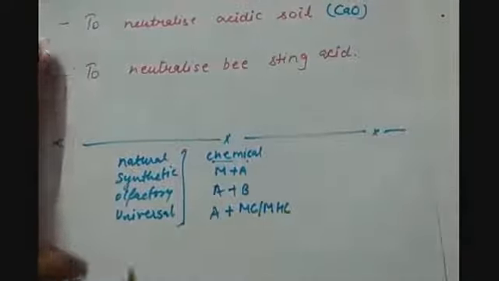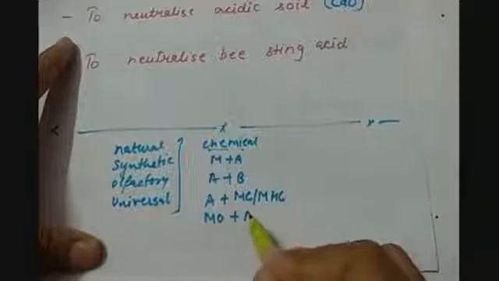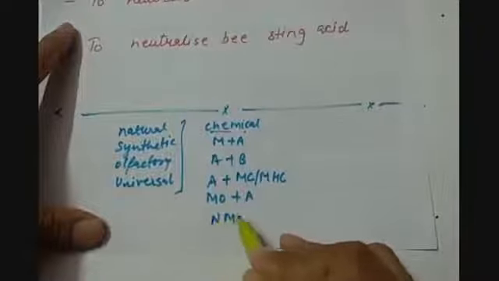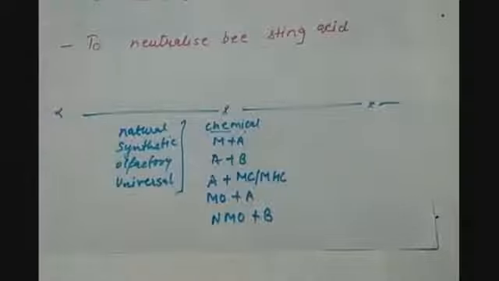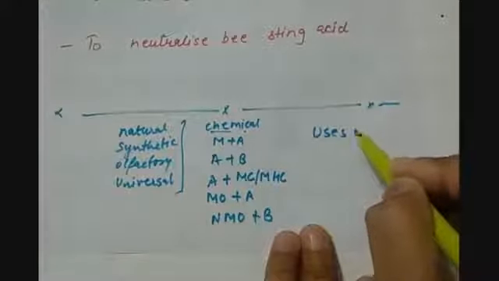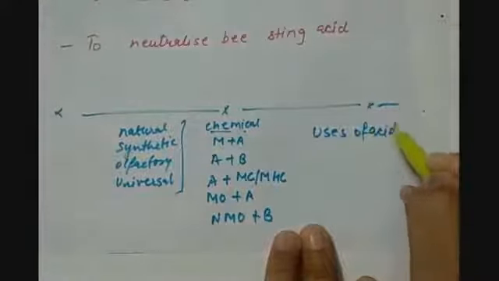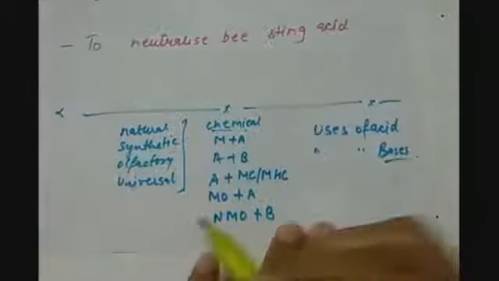Then we have seen the reaction of metal oxides with acids and non-metal oxides with bases. These were some of the chemical reactions that we have seen, showing how acids react with particular substances or chemicals. Then at the end of the lecture we studied uses of acids and bases. So this was all about today's lecture.